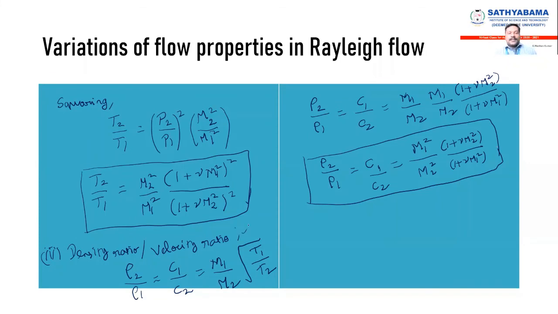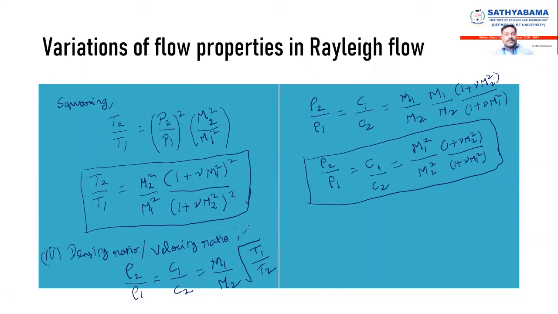It is very simple, students. You may find all these relations in the gas table book itself. But the thing is, you may not know how these relations come about. You may get a question asking how this particular density ratio and velocity ratio come about, or you have to prove it or justify it.